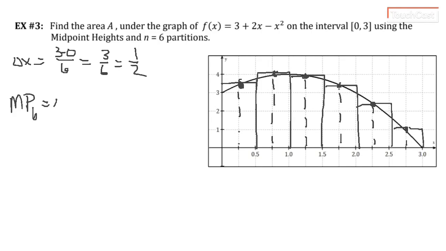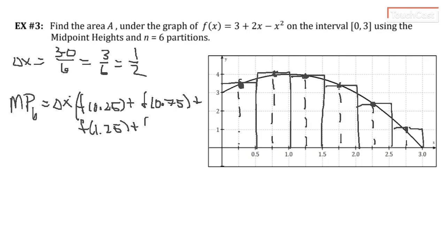So we're going to take our delta x, and we're going to multiply that by f of 0.25, that's halfway between 0 and a half, plus f of 0.75 plus f of 1.25 plus f of 1.75 plus f of 2.25 and f of 2.75.